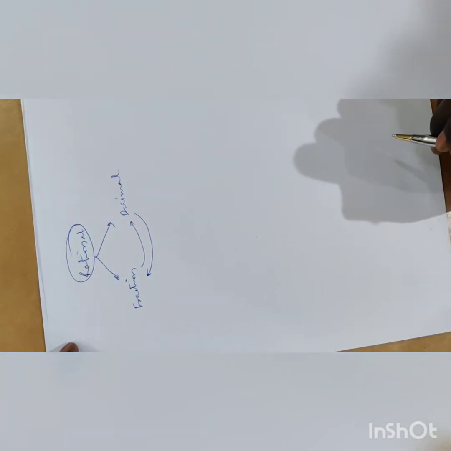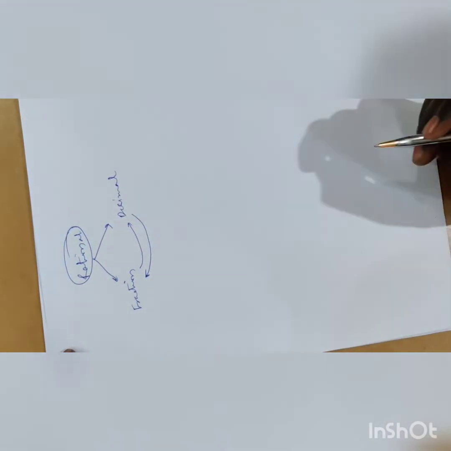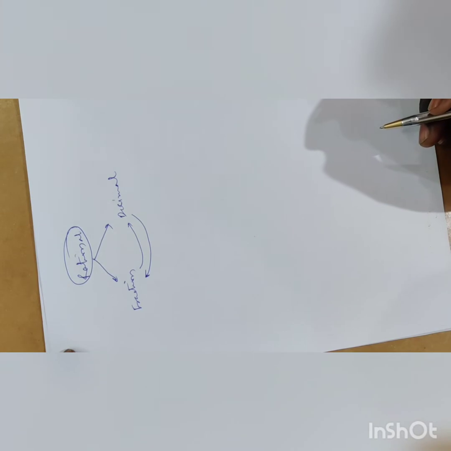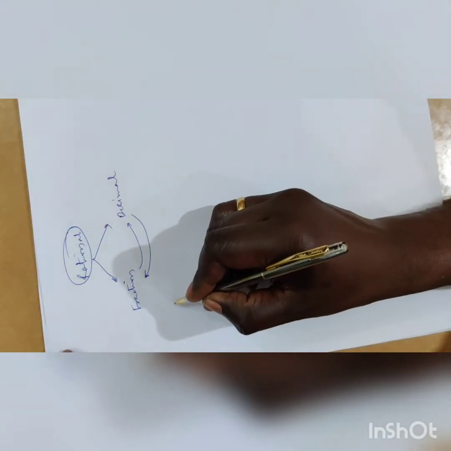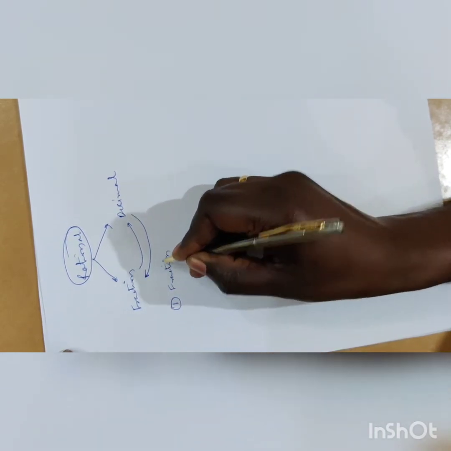Right, now let us see, because they are representing the same number, they should be interconvertible. Let's see which conversions we know. Can you convert from fraction to decimal?